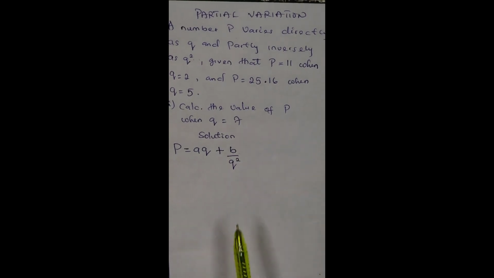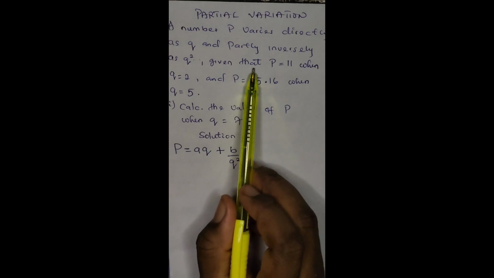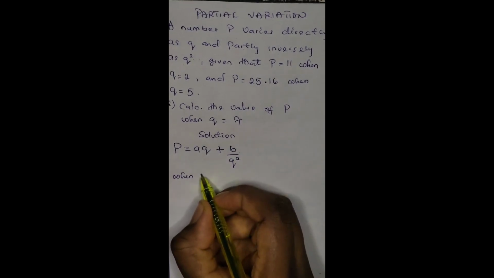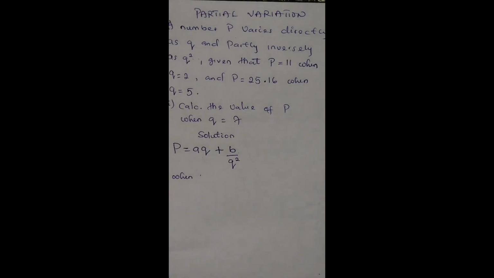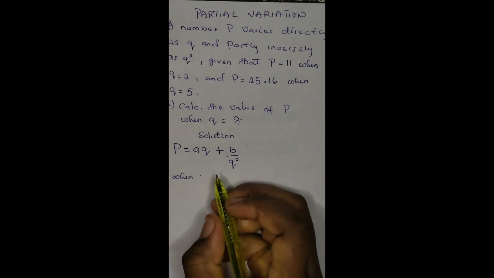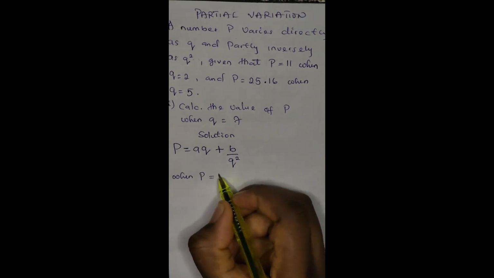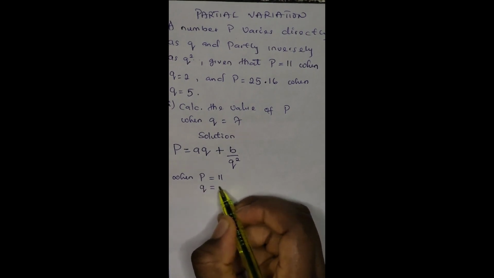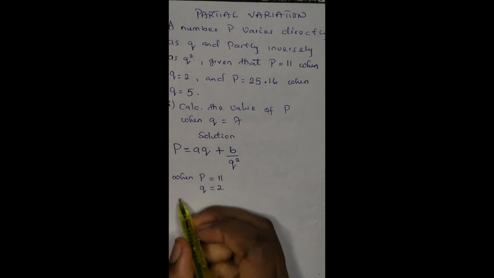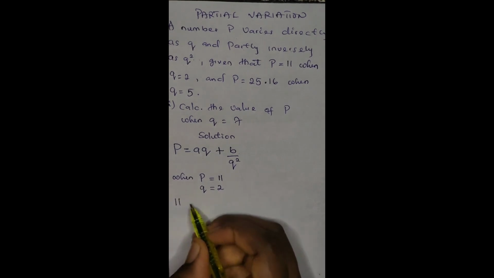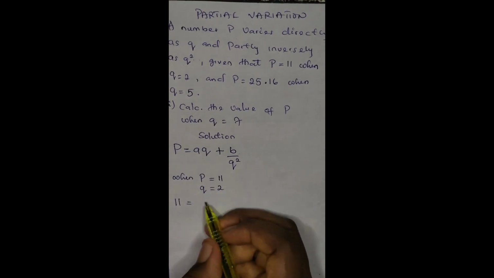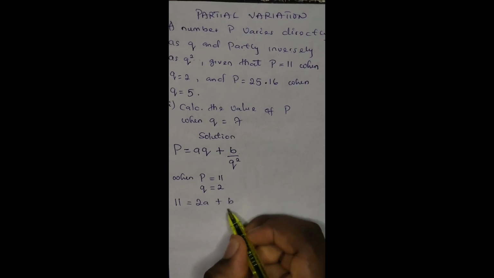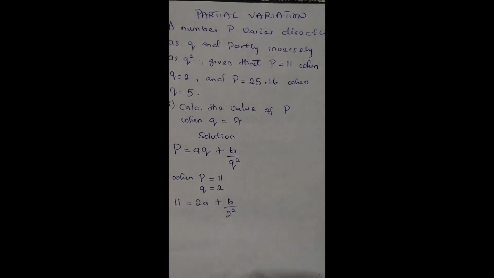So for us to get the first equation, when p equal to 11, q is equal to 2. So p is 11, we have 11 equal to 2a plus b over 2 all squared.